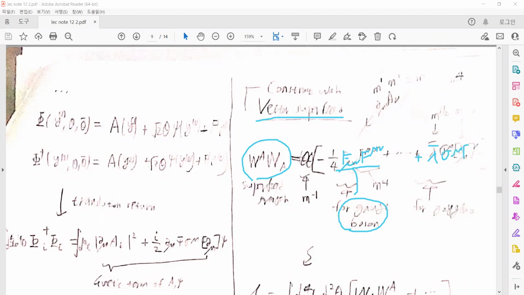Because the field strength terms have mass dimension 4, there will be additional quadratic terms with mass dimension -1.